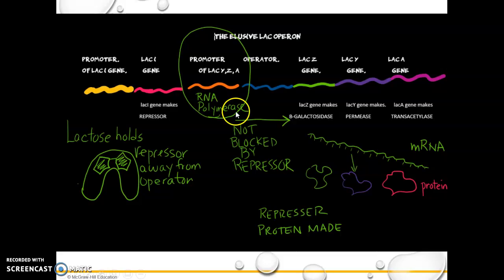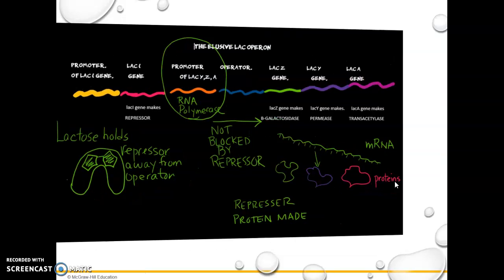And now what you will see, so here's the repressor being tied up, kind of held back by the lactose. Now the RNA polymerase comes in and it can move through the operator. It can transcribe the mRNA for the Lac Z, the Lac Y, the Lac A genes, and we get those three proteins after translation.